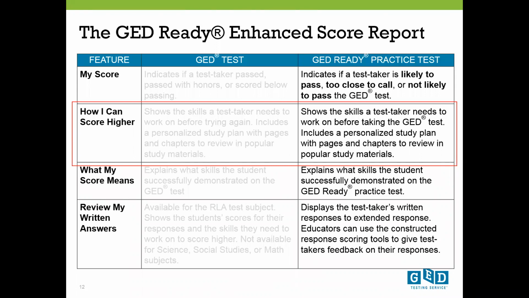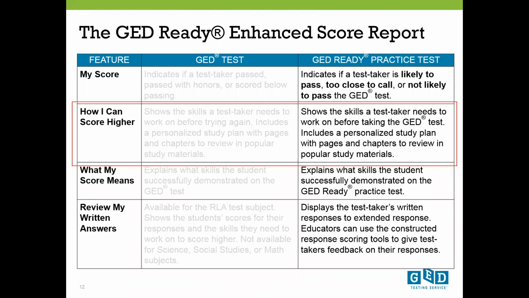And not surprisingly, I'm sure, to anybody sitting in on this webinar, the first place people's eye goes is to the score. In the GED Ready, it's going to indicate whether the person scored in the likely to pass range, the too close to call range, or the not likely to pass range.